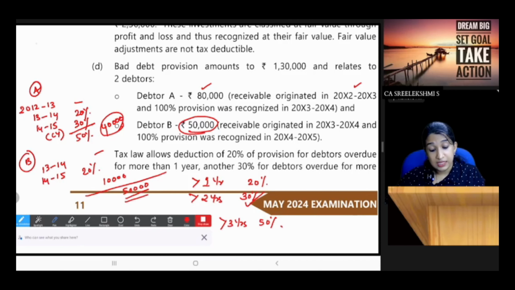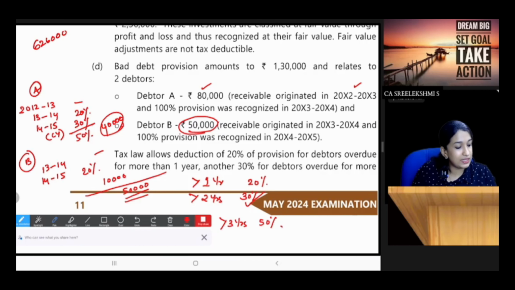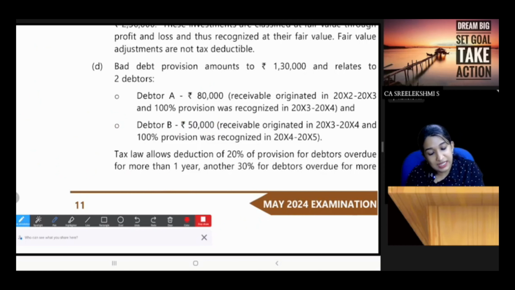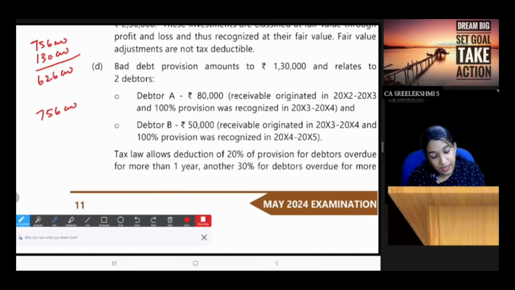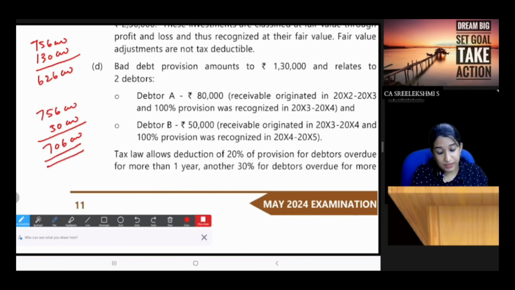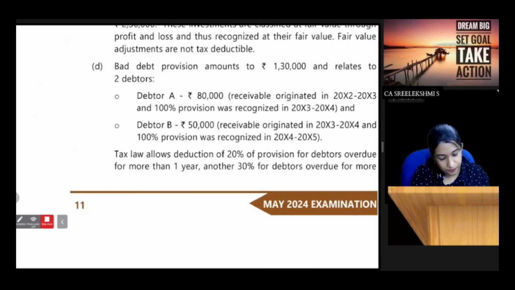Total 6,26,000 is the carrying value as per books. 6,26,000 plus 1,30,000, actually it is originally 7,56,000 is trade receivables. Books allowed 1,30,000, so that is why 6,26,000. Tax law allowed a deduction of 50,000. Therefore, tax base is 7,06,000. Yes or no?